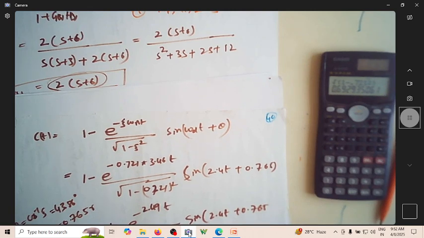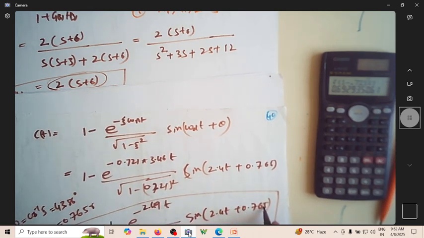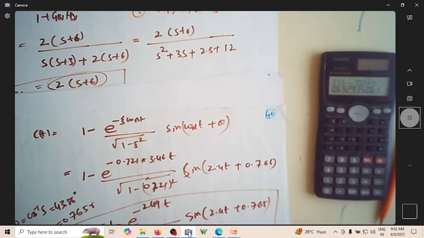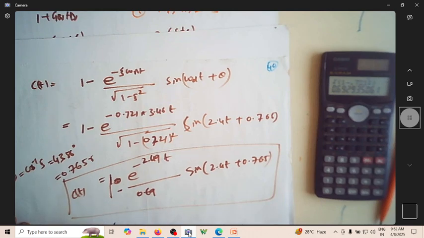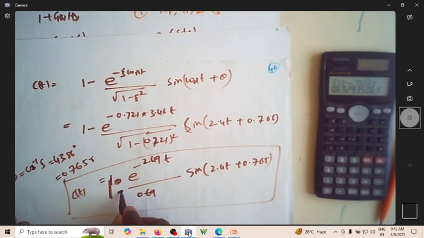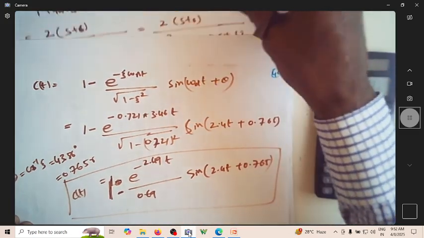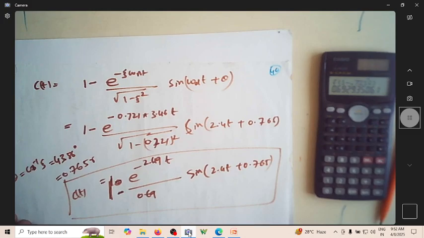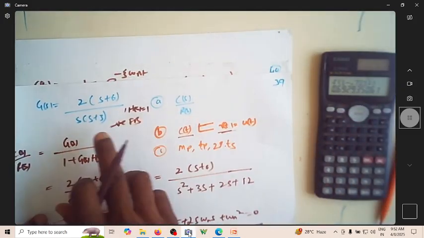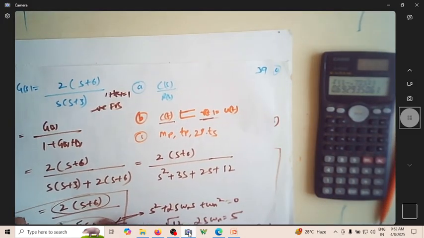This is my C of t. So this is the time response of the system for a unit step input.